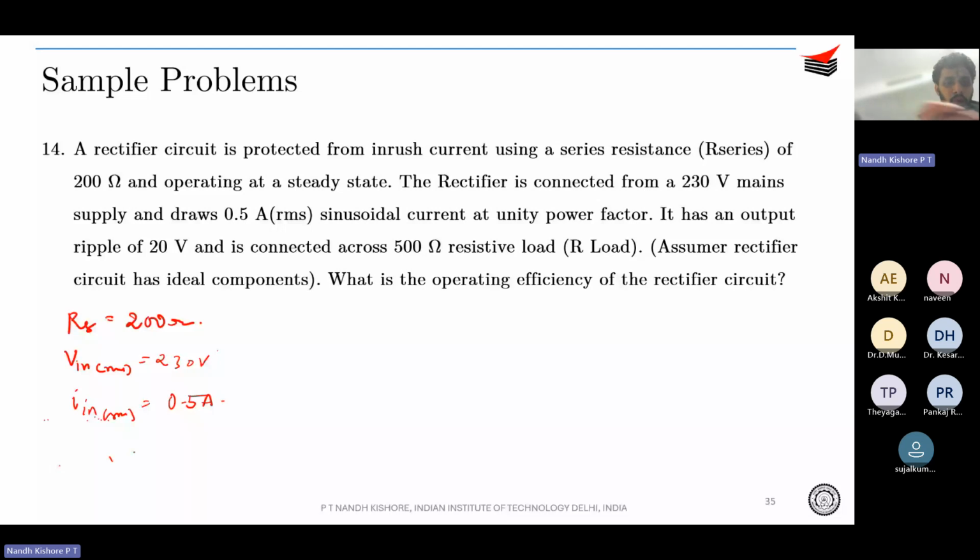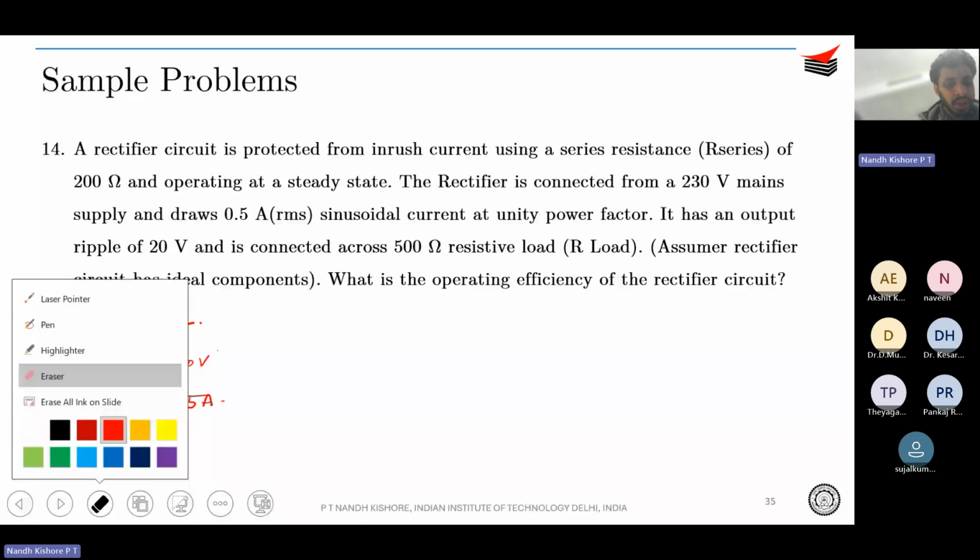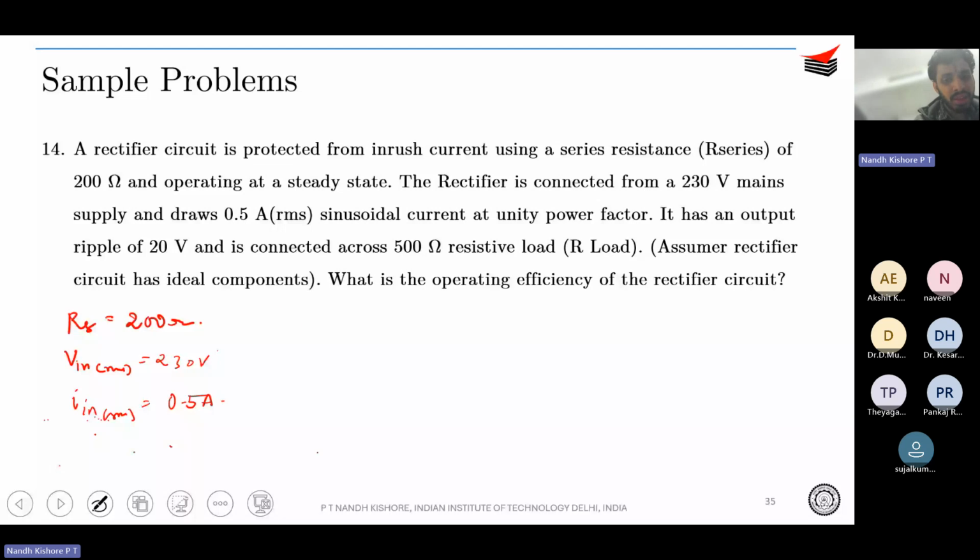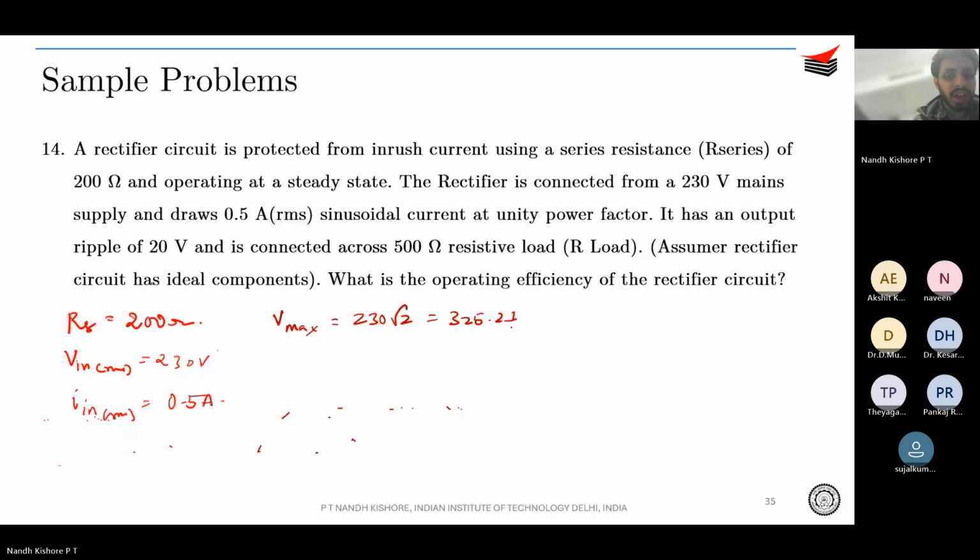It has an output voltage ripple of 20 volts, that is delta V is 20 volts. From the given data itself, you can understand that your V max at the output will be 230 root 2, which is 325.27 volts, and delta V is given as 20 volts.